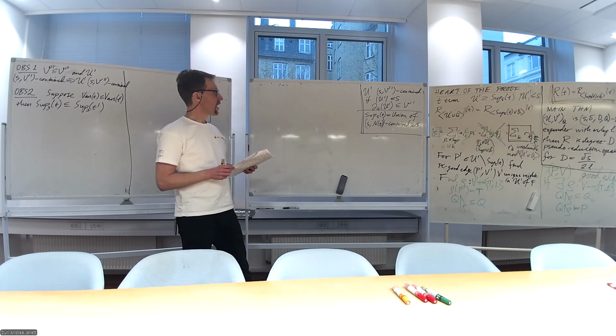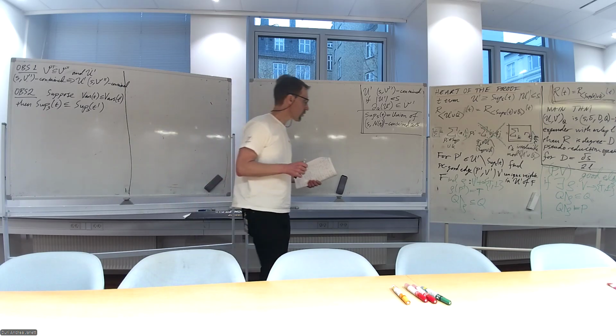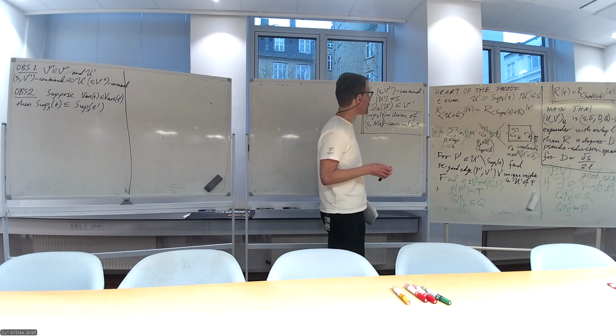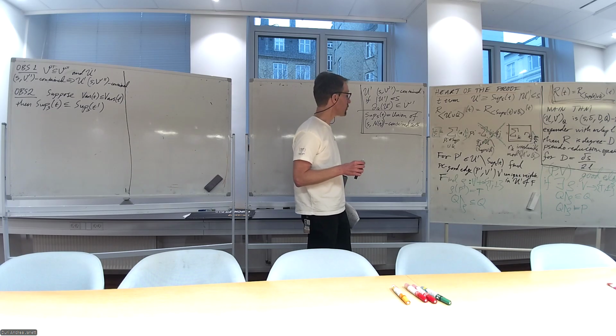So we're back after the break, and we've done proof by intimidation, if nothing else. And if we can prove the heart of the proof lemma, then we should be basically done. What's the heart of the proof lemma?